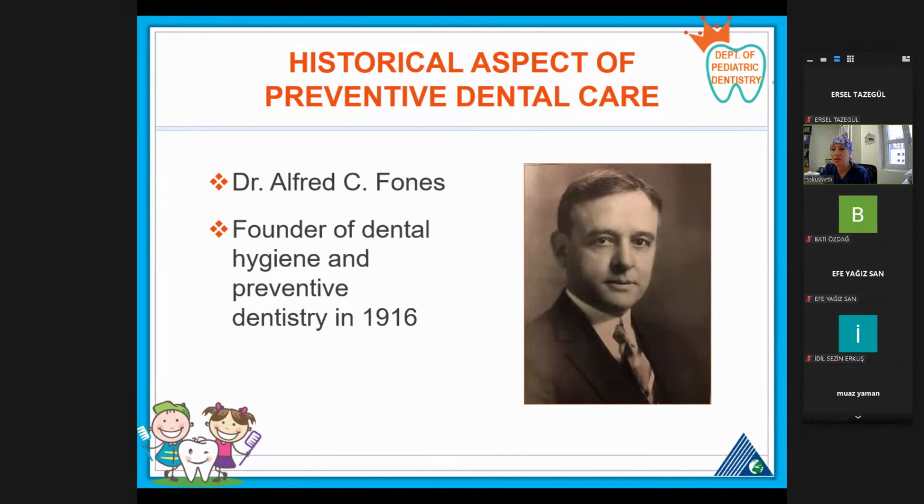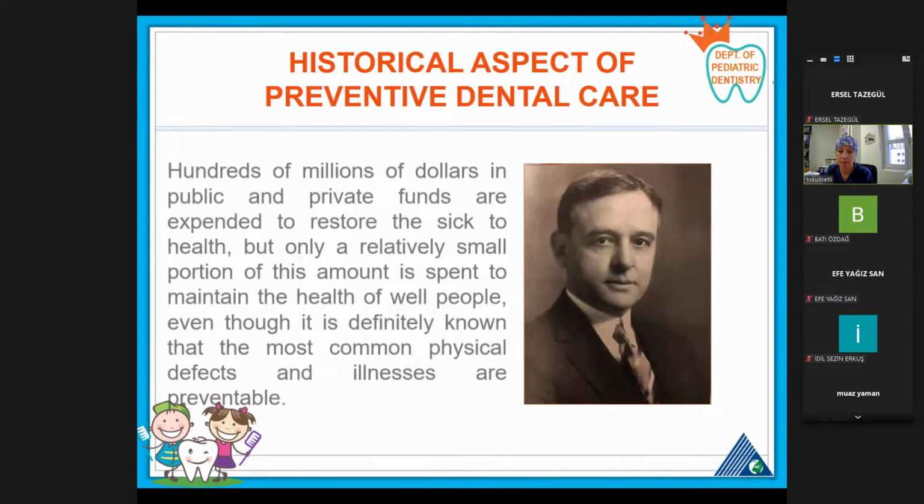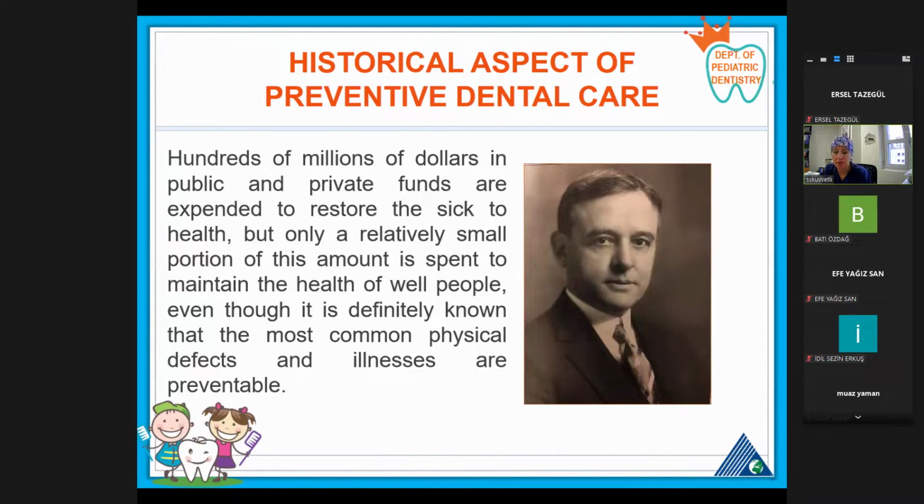So when we look at the history of preventive dental care, we see Alfred C. Fones, he is the founder of dental hygiene and preventive dentistry around 1900s, and he mentioned that hundreds of millions of dollars in public and private funds are expended to restore the sick to health, but only a relatively small portion of this amount is spent to maintain the health of well people.